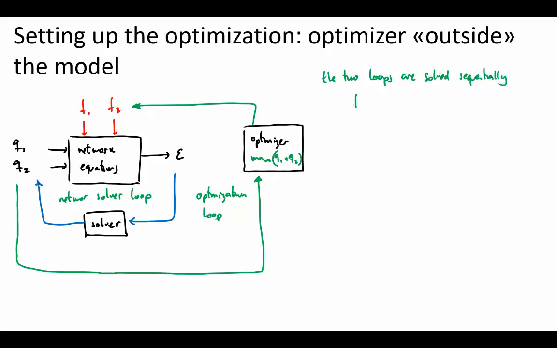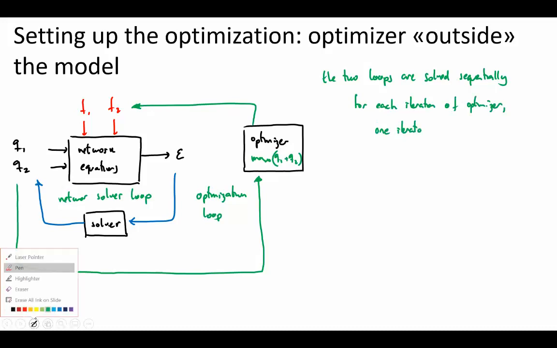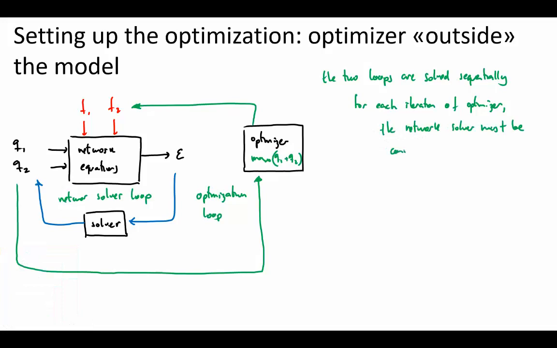For each iteration of the optimizer, the network solver must be converged.